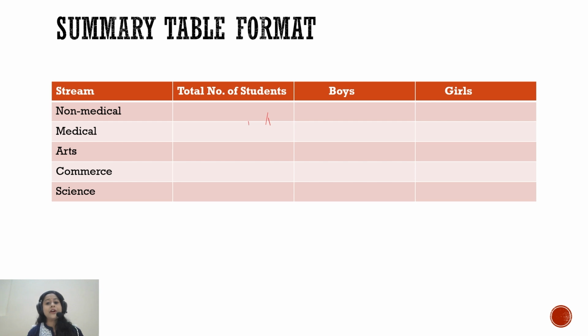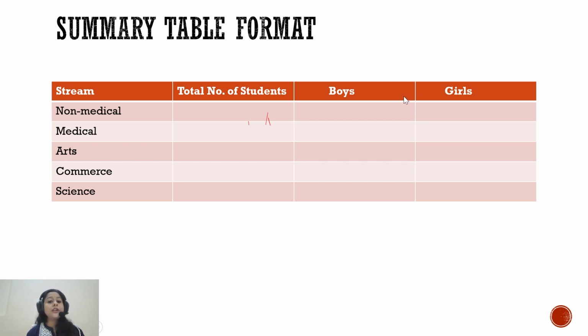Next we will find out the number of girl students enrolled for each stream, since the boys' percentage is not given, only the girls' percentage is given for every stream.